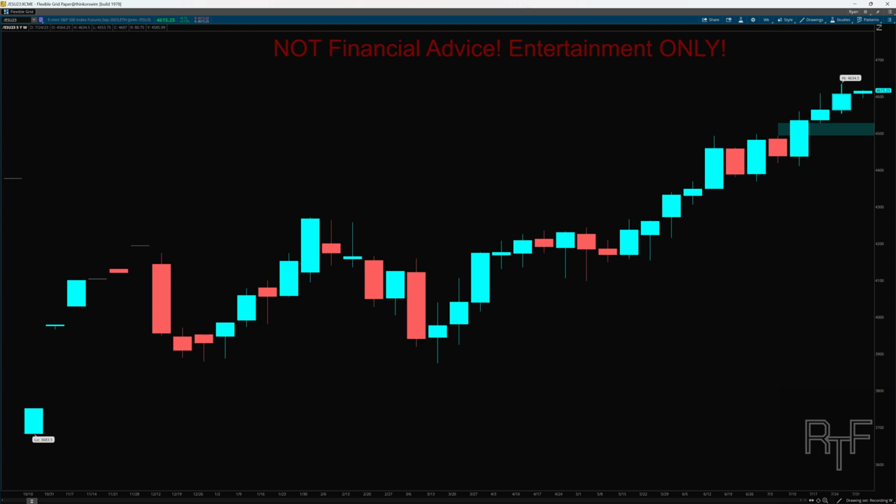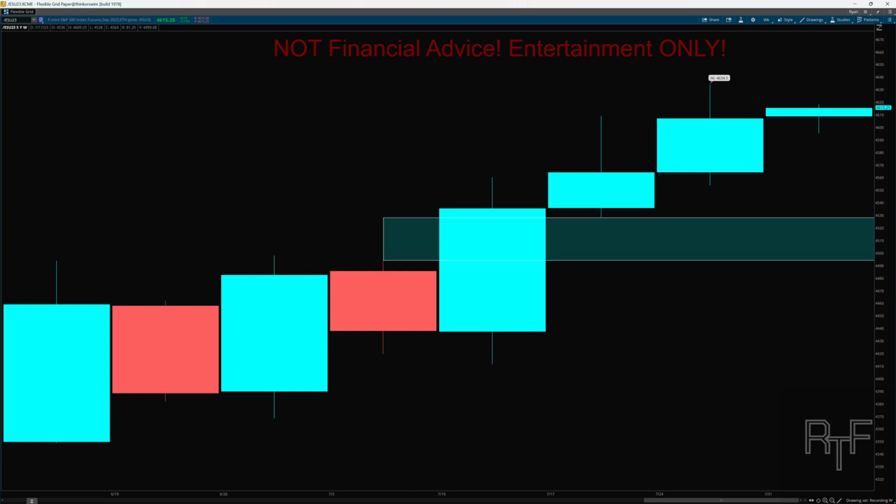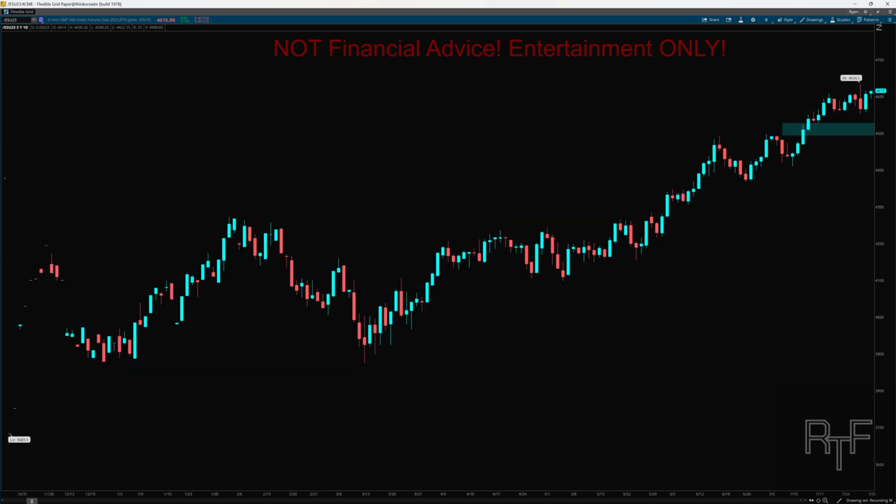But if we're going to be neutral to slightly bearish on the indices, going into the most recent price action on the weekly chart, I'm looking at this inefficiency here below the marketplace. If we start seeing bearish signs, my eye will go here, and I'll be looking for price to draw into this area. Let's go into the daily for a little bit more detail.